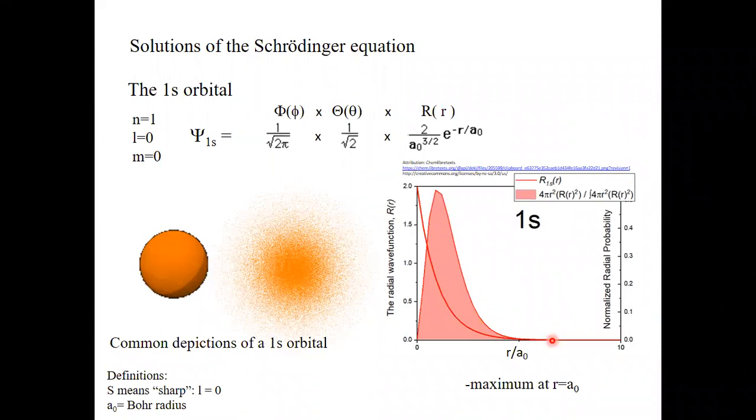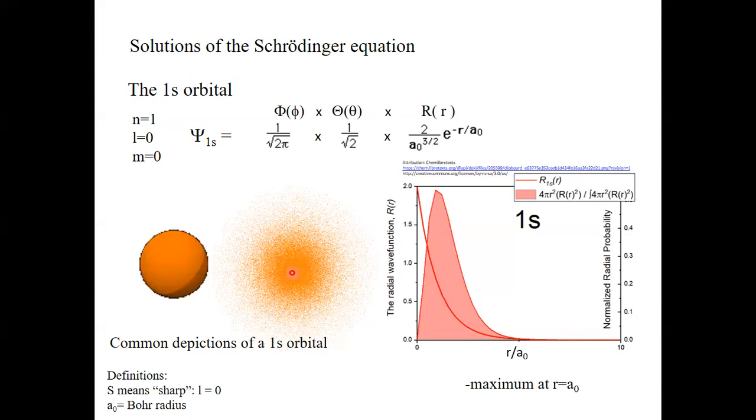That also influences how we can depict an orbital. One way to depict an orbital is this. Each point here represents the amplitude of the wave function, which would then also represent the probability to find the electron at a particular point in space.